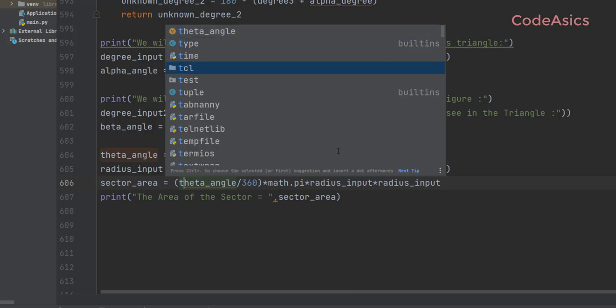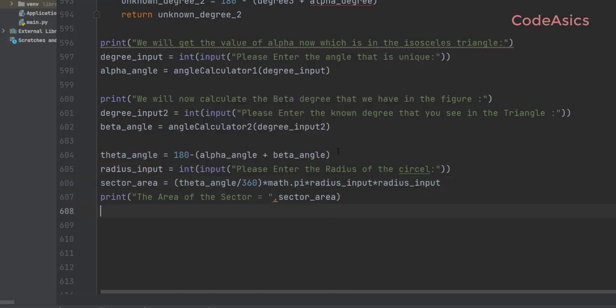Okay, so that's fine. Now the sector area is done. Now it's time for us to get the area of the quadrilateral. So I'm going to say print, we will calculate the area of the quadrilateral using Bretschneider's formula, right?